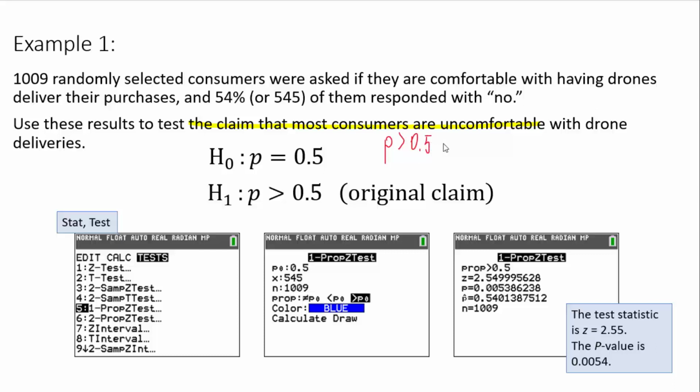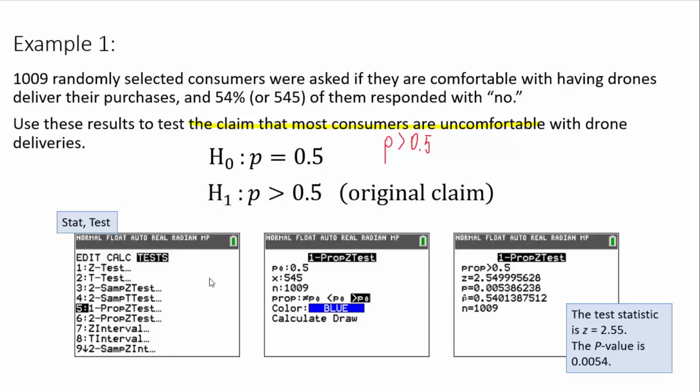Now remember, the claim could be your null hypothesis, or it could be the alternate hypothesis. In this case, it's the alternate hypothesis because it has that greater than symbol. And the null always has to involve the same number, but the null involves an equal. So here we have our claim, greater than 1/2 or greater than 0.5, and then we have our null hypothesis of 0.5.